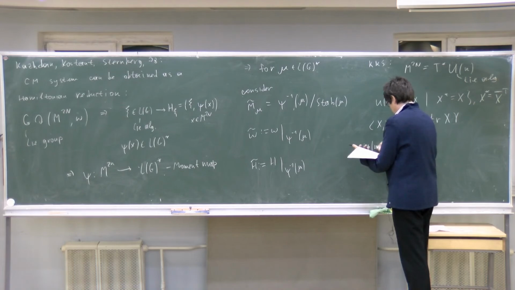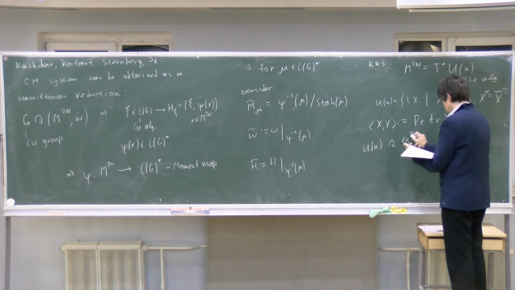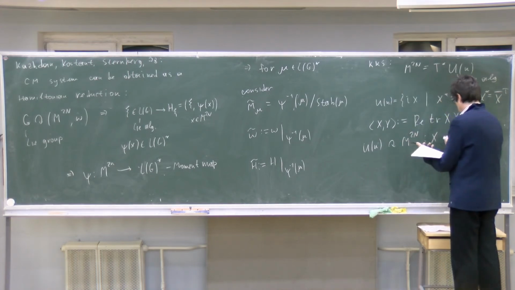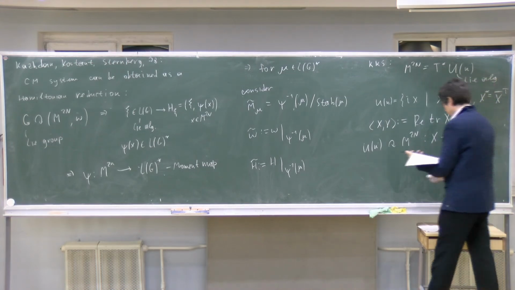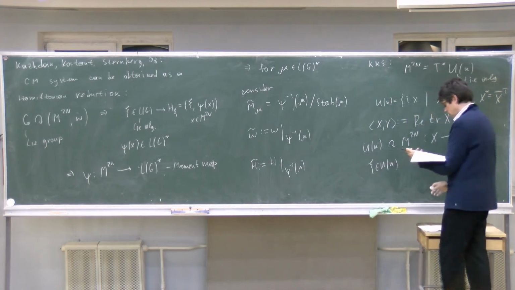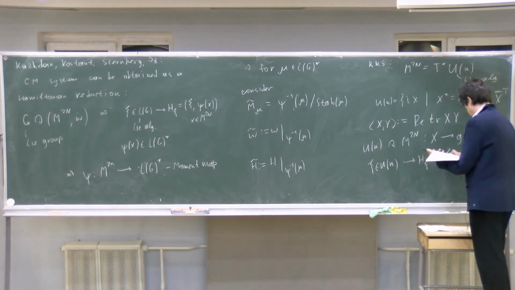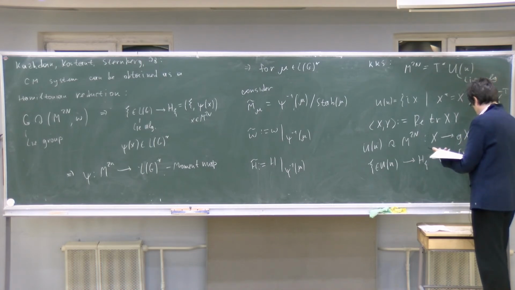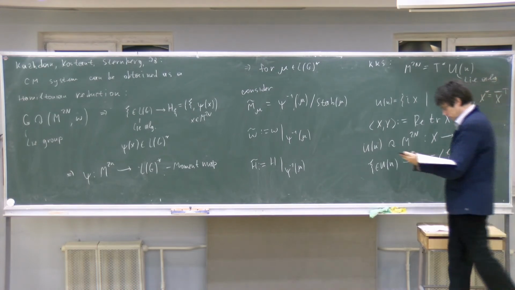Then the Lie group with the same notation acts on M by conjugating each matrix. And psi, which belongs to the corresponding Lie algebra, maps to H psi, which is given by the pairing, where X, Y is just a point of our cotangent bundle.